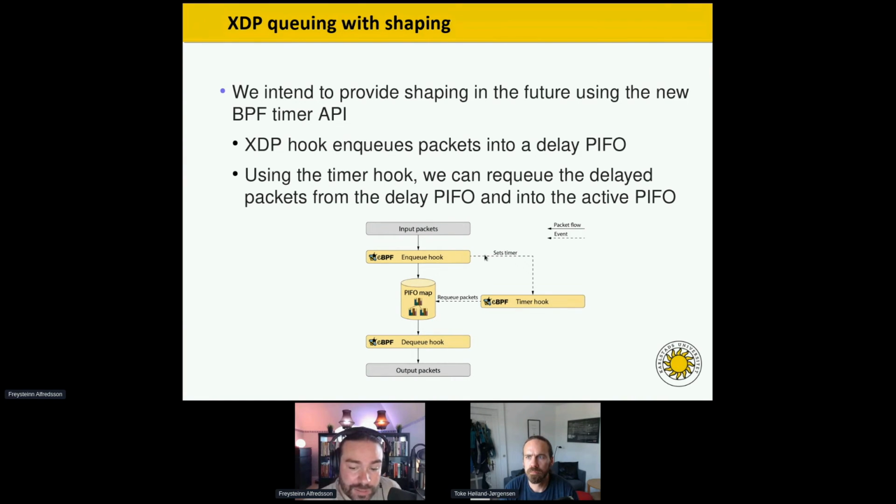And then it sets timers. And when the timer eBPF hooks run, they dequeue from this inactive PIFO and add them to an active PIFO, which the dequeue hook then pulls from. And therefore, we're able to implement shaping with this current API in the future with this design.